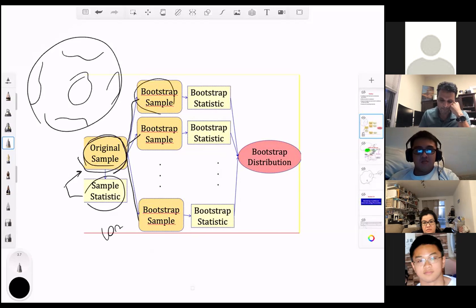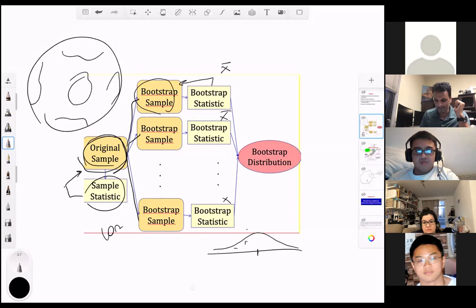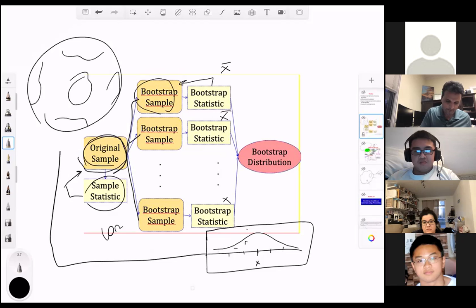Each sample, we apply the statistic, for example the average height of each one. We graph them, and it happens to be some bell shape. Then we have a mean here and a standard deviation, the standard error. And from this Bootstrap distribution, we are able to make some conclusion about the population.